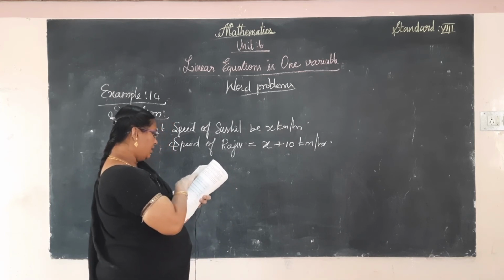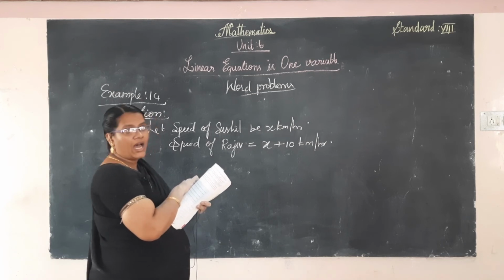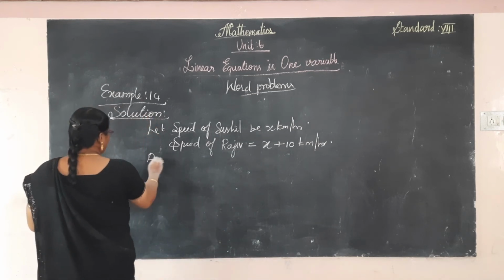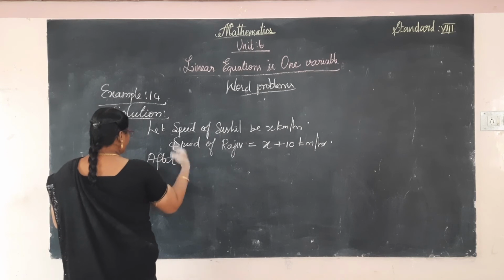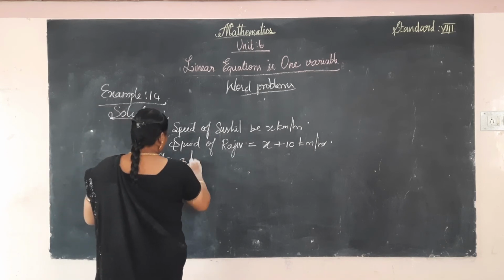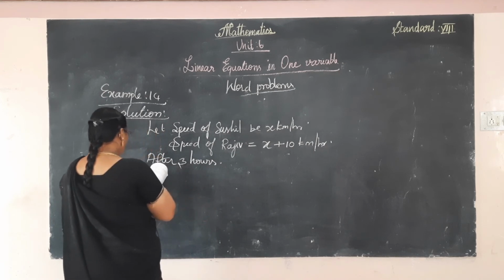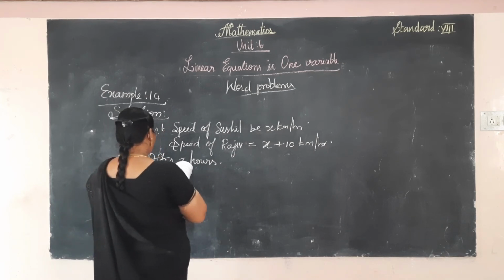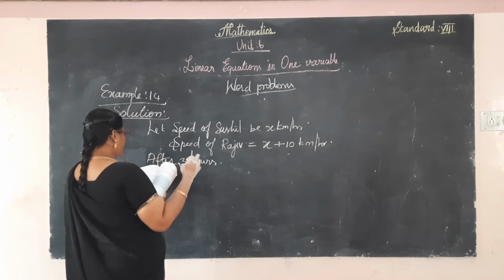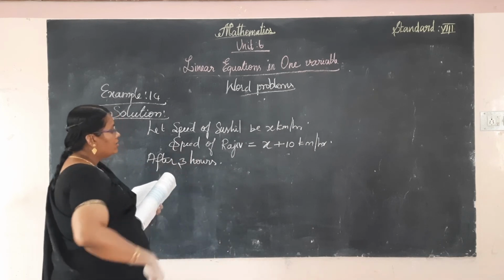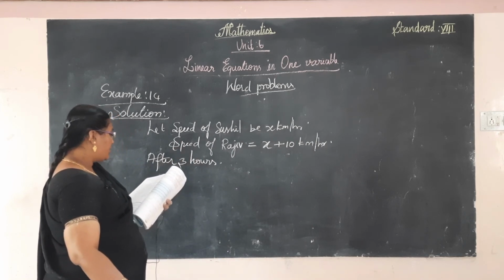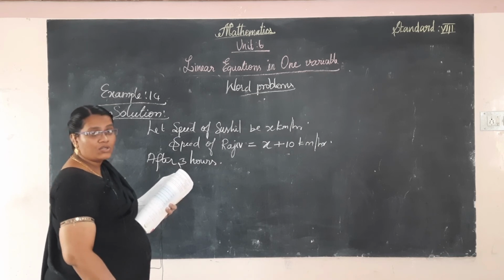And then next, after 3 hours, they are 40 km away from each other. So after 3 hours, we have to find the distance. Now only we have learned distance is equal to speed into time.